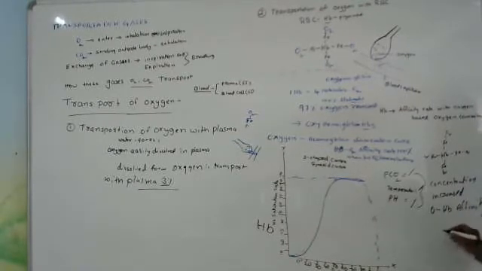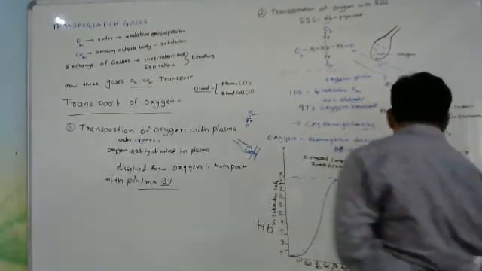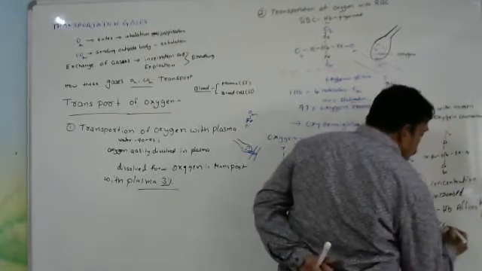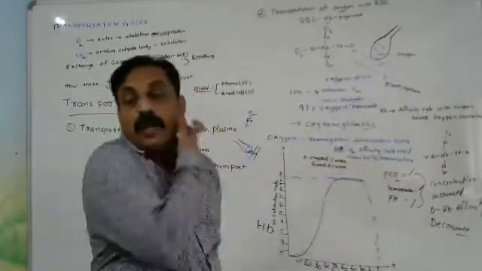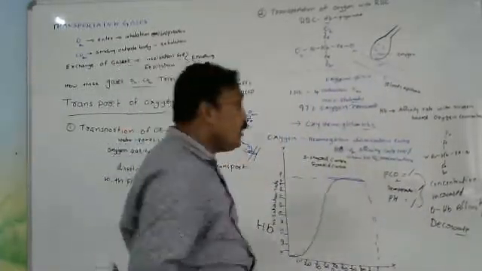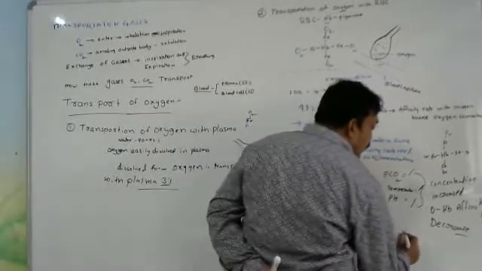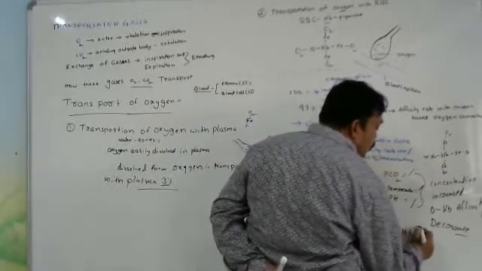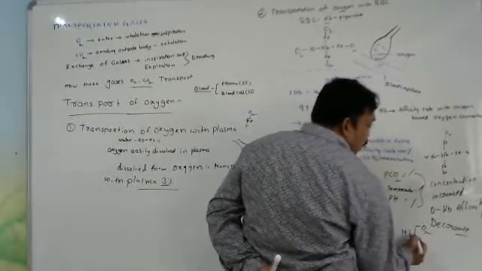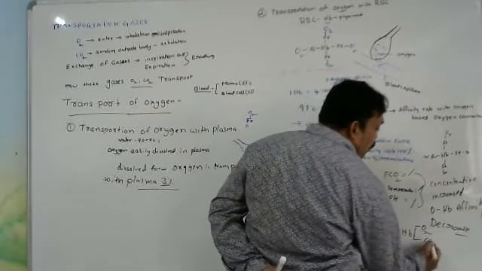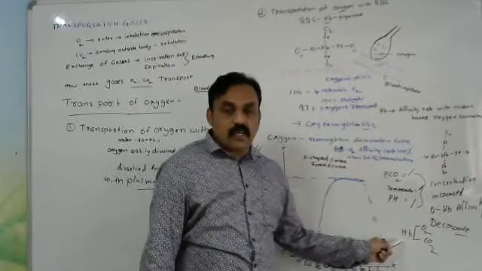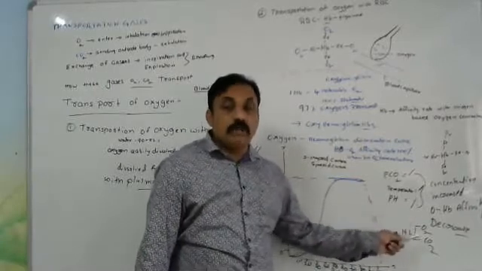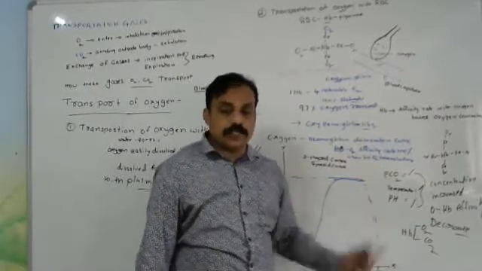Oxygen and hemoglobin saturation rate is what? Decreased. Why is the saturation rate decreasing? Hemoglobin is not only binding with oxygen, hemoglobin is also binding with carbon dioxide. So hemoglobin is not always binding with oxygen, it is based on concentration.